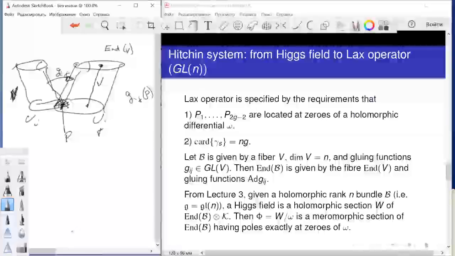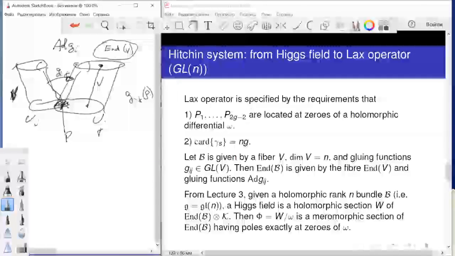Let's say it is the same as linear operators in the vector space V. Consider End V as a new fiber, with gluing functions ad Gij.